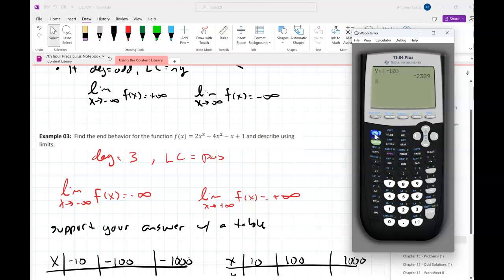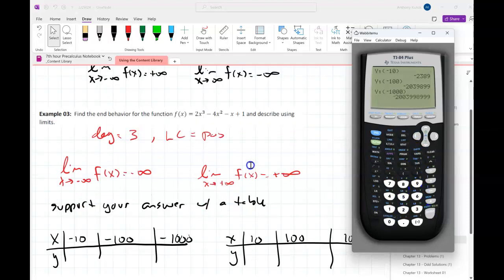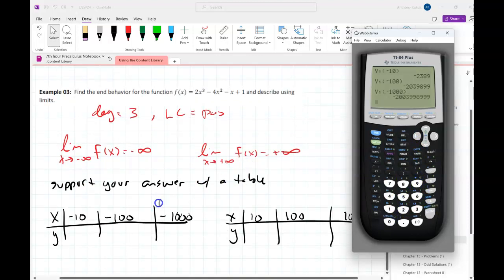Now rather than jumping through all those menus to get the y1 again, I'm going to just press second and enter. That'll give me the last thing I typed into my calculator. And I'll just go back and update that to make it -100. And then do the same thing and update that to make it -1,000. And then I'll copy these values into my table.